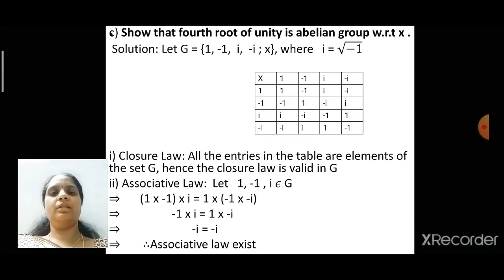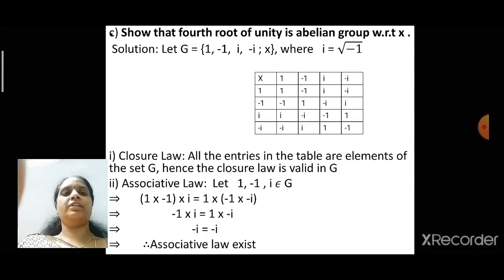Let us frame the table here. In the row, let us take 1, minus 1, i and minus i. In the column also, 1, minus 1, i and minus i. So let's take the multiplication for the first row: 1 and 1 is 1, 1 and minus 1 is minus 1, 1 and i is i, 1 and minus i becomes minus i.